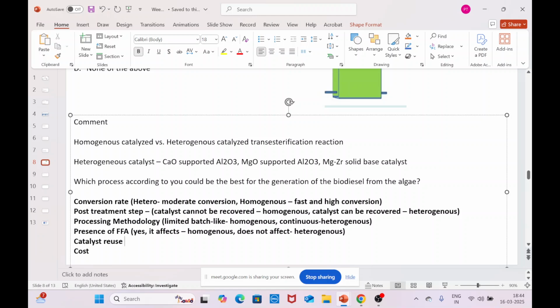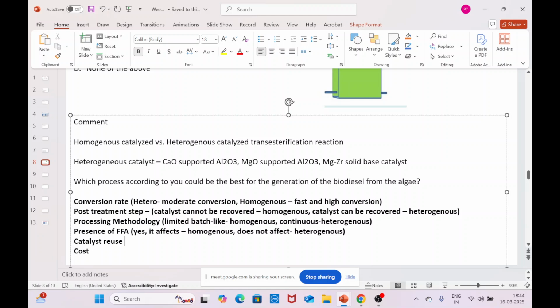Cost wise, since we are unable to recover the catalyst, the money invested in that catalyst is also gone. If it is an expensive catalyst, it will incur a lot of cost, so from the cost perspective also, homogeneous is much greater compared to heterogeneous.